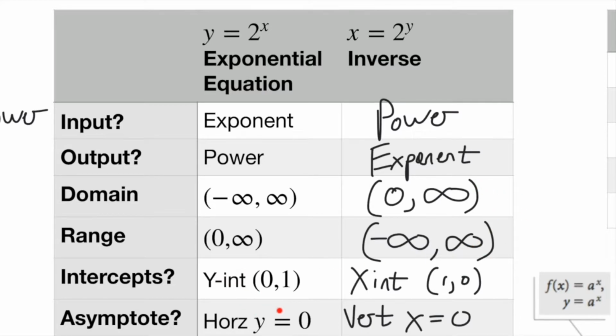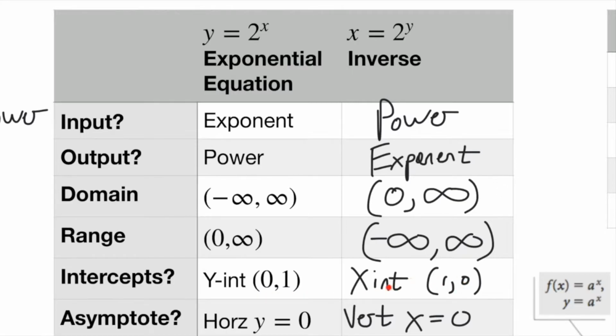We've got an intercept of (0, 1). That's because when you put 0 in for x, 2 to the 0 is equal to 1. So that's one of your points, (0, 1). And in fact, if you change the base to be y equals 3 to the x, or 5 to the x, or e to the x, then the y-intercept is still going to be (0, 1), because any base to the 0 is equal to 1.